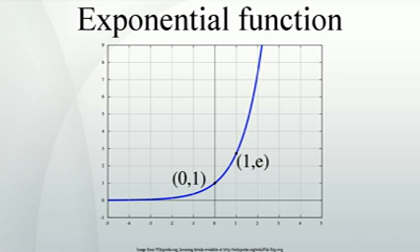Double exponential function. The term double exponential function can have two meanings. A function with two exponential terms, with different exponents such as f(x) = e^(3x) + e^(4x²), or a function f(x) = a^(a^x). This grows even faster than an exponential function.